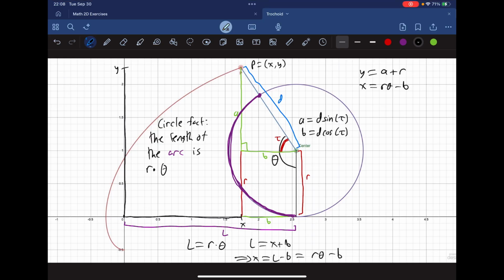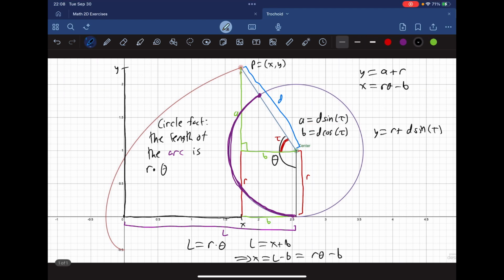And therefore, we can rewrite our parametric equations as y is equal to r plus d sine of tau. So note that I just rearranged a and r. I swapped their order. So now instead of a plus r, it became r plus a. And then I substituted my expression for a.